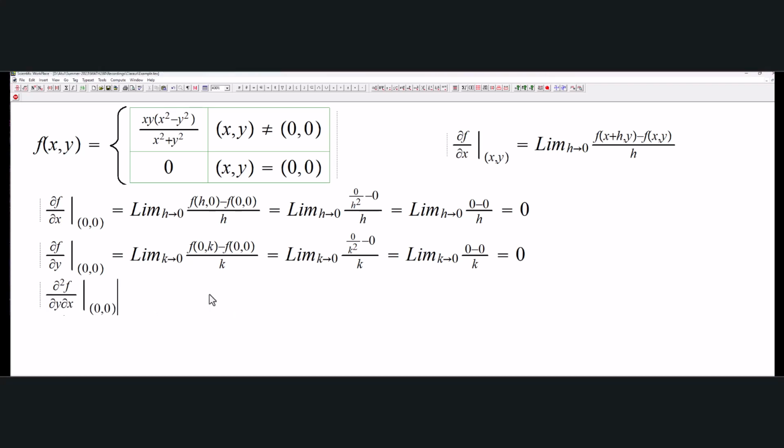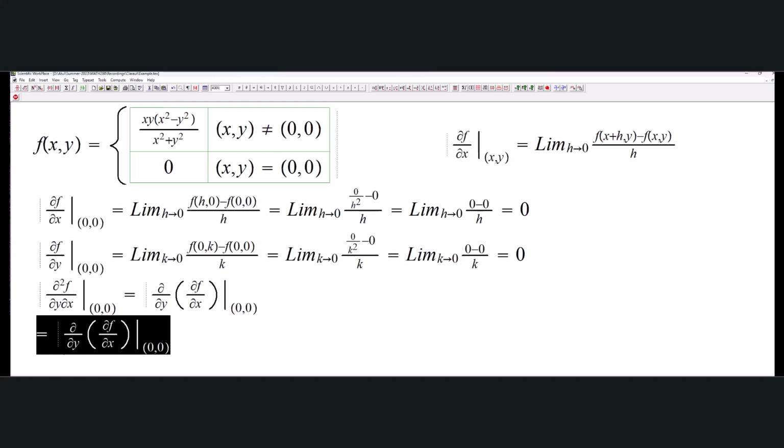Now we would like to calculate this quantity, which is the same as df/dx, again differentiated with respect to y. Before we do that, we have to have df/dx in function form. So first let's calculate df/dx when x, y are not at 0, 0, because there we have a problem with the denominator.